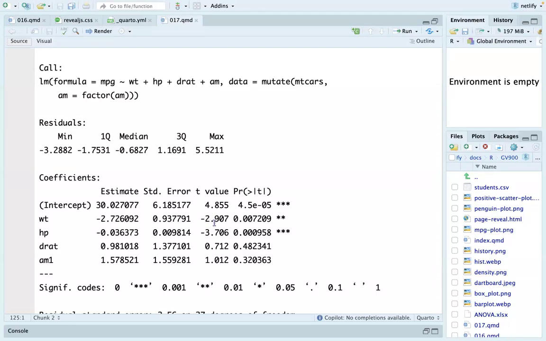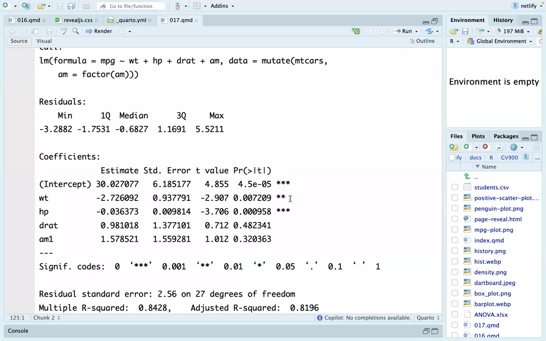I mean the absolute value: the further away from 0, the smaller the p value, and the closer to 0, the bigger the p value. Like these two, the t value is small, so the p value is big, and this p value is very big, and this one's p value is very small.